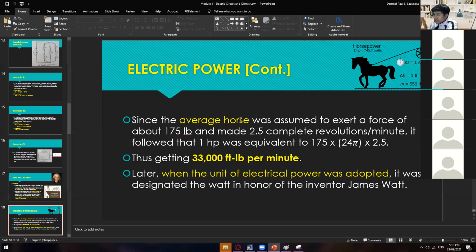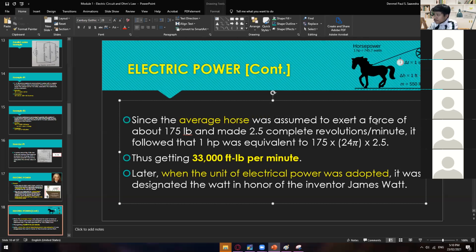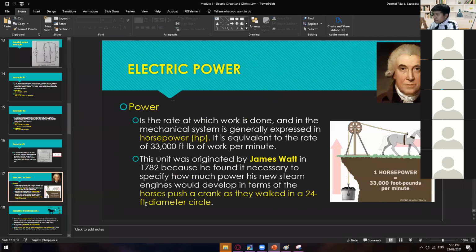Since the average horse was assumed to exert a force of about 175 pounds and made 2.5 complete revolutions per minute, it followed that 1 HP is equivalent to 175 times 24 times pi. This 24 times pi is the circumference of that circle, with 24 feet in diameter.